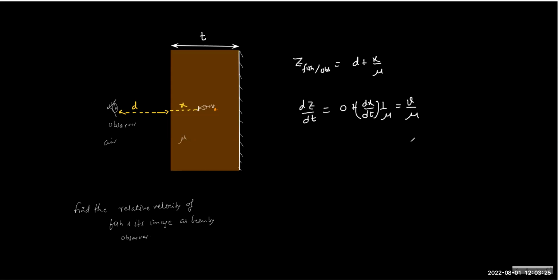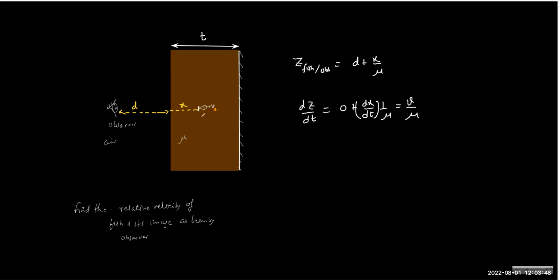Now, how far is the image as seen by the observer? You can also do it in the same fashion. At any instant, the image will be how much? So the fish and the mirror both will shift towards the left, right?